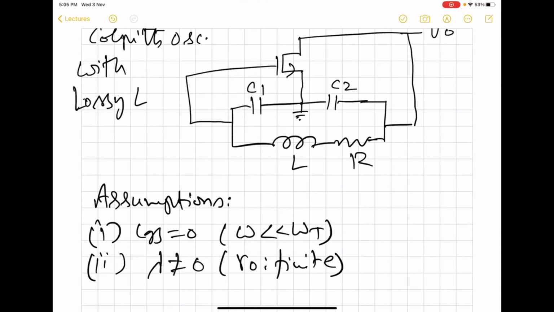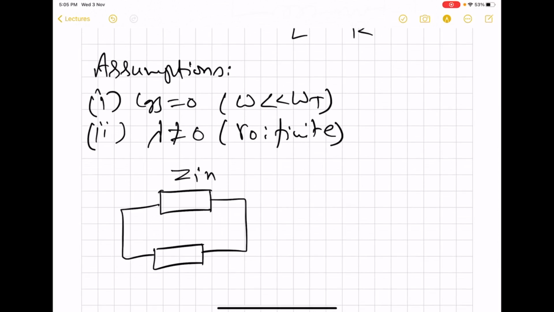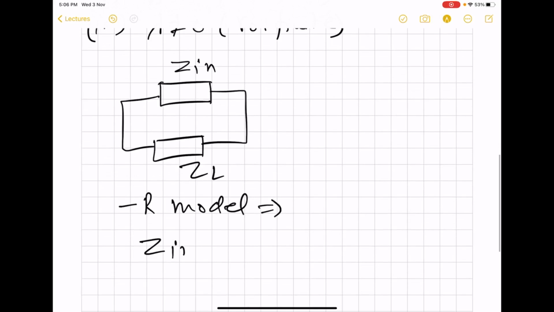Now in the negative resistance model, we have to basically divide the whole circuit into two impedances. Like this. So first we are going to call this Zin and this ZL. And we know that the negative R model implies that the net impedance of this circuit should be equal to 0.